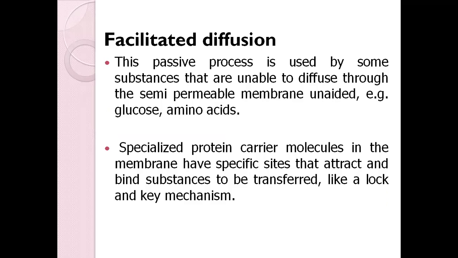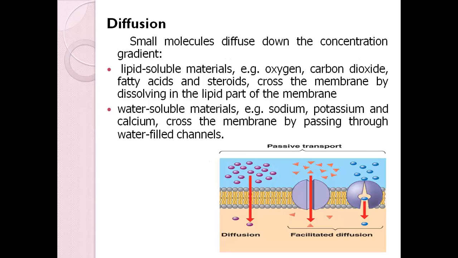They have specific sites which attract and bind the substances to be transferred, like a lock and key mechanism. If you see from the diagram itself in the third photo, it shows how it is being transferred. It is shaped in such a way that whatever substance it is, it fits exactly in that protein molecule, and like that it is transferred to the other side of the cell, or inside of the cell.